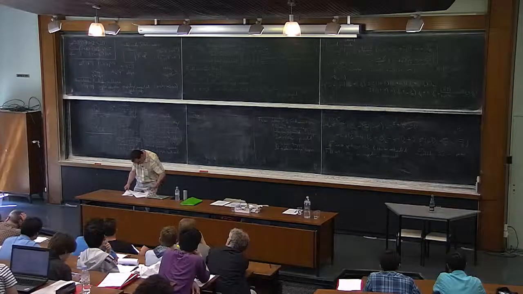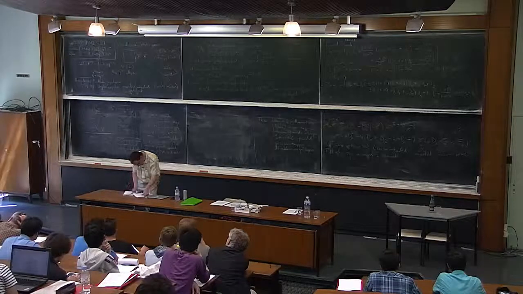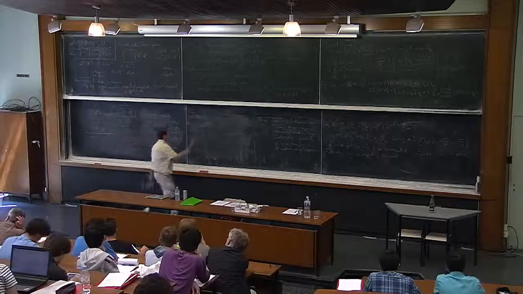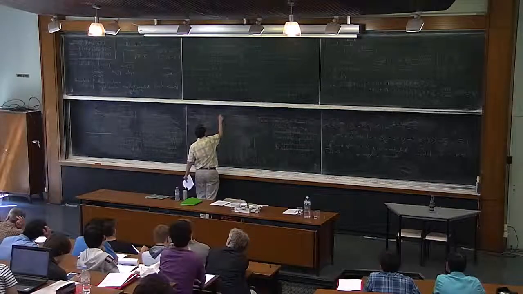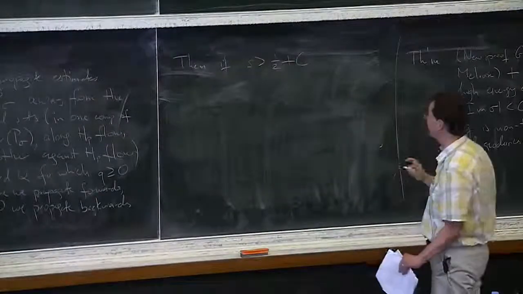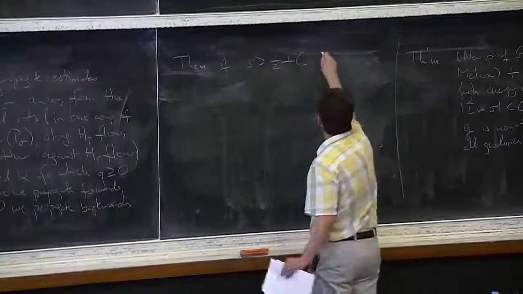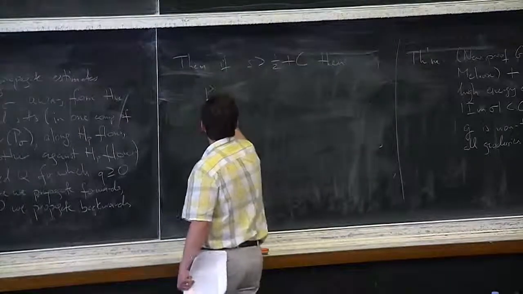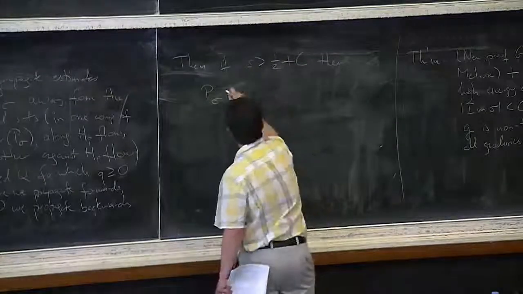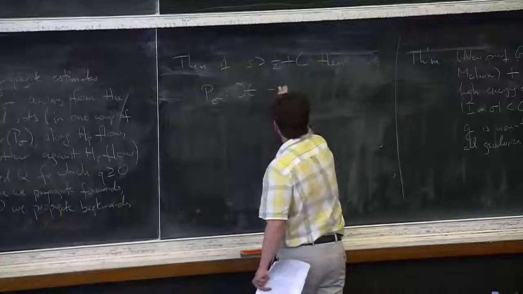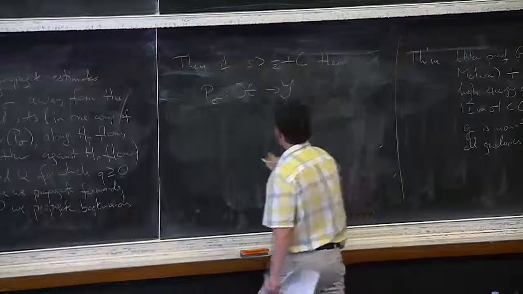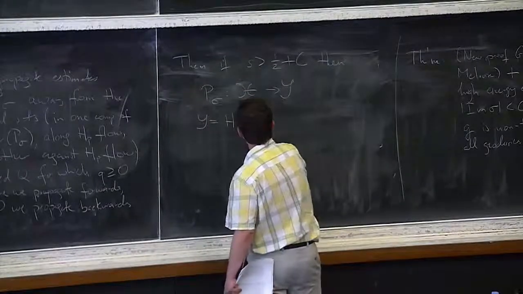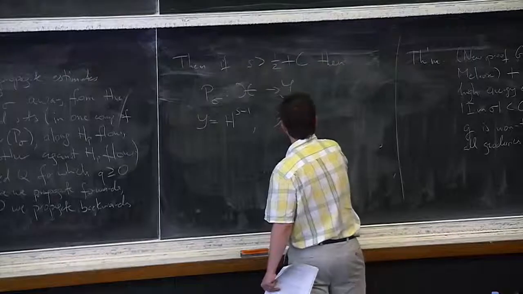I'm sure I wrote it down somewhere, but I don't know where, the more precise statement. Yeah, I think it's maybe: if you have something like the Sobolev order s bigger than a half plus a constant C, then the upshot is that this P sigma acting between spaces X and Y, where Y is just H^{s-1} and X is H^s.